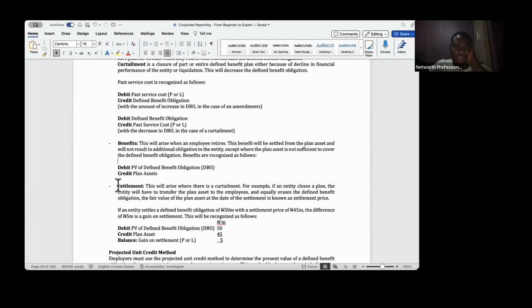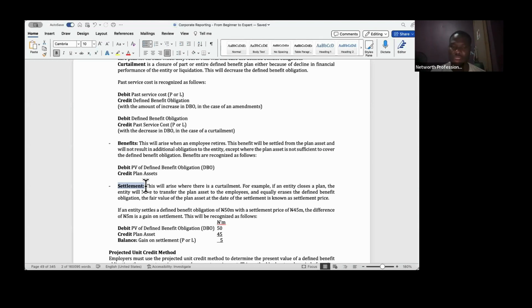Then finally is settlement. What this is speaking to is, whenever there is a curtailment, where there is a closure of part or an entire plan, the entity would always have to settle. Because when you say you want to close, you have already been contributing, so you just have to pay off your obligation.